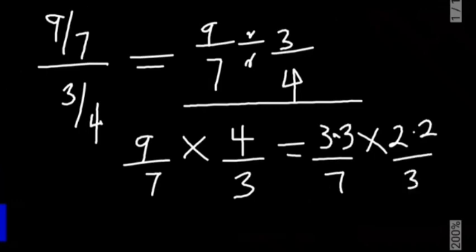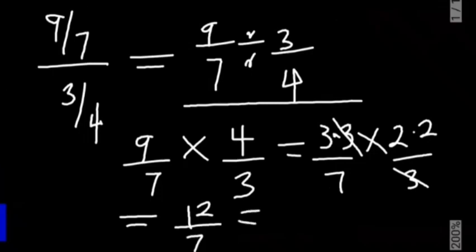So this 3 cancels out this 3. Nothing to cancel out again. So we have 3 multiplied by 2 multiplied by 2. That is 6. 4 multiplied by 3, or 6 multiplied by 2, which is 12 over 7. So this is an improper fraction.